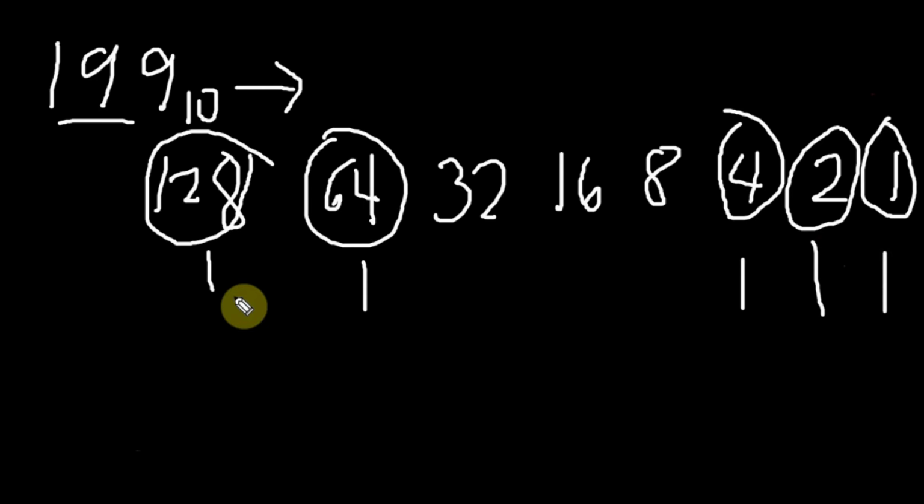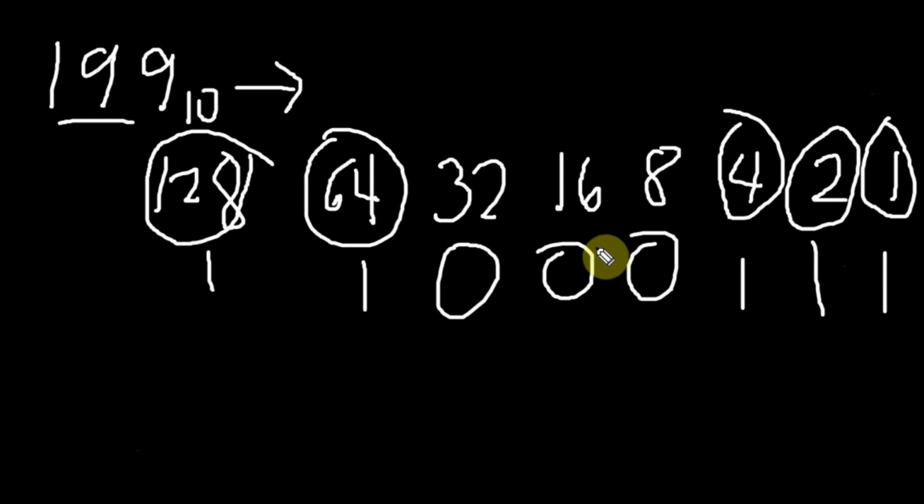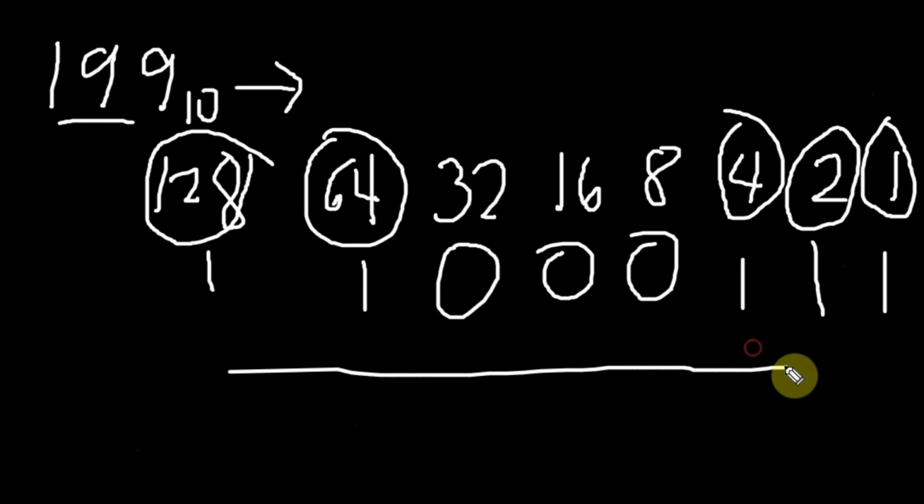And to those values that don't have a mark, we will put 0 at the bottom. So we'll read the numbers from left to right and add a base 2 at the bottom.